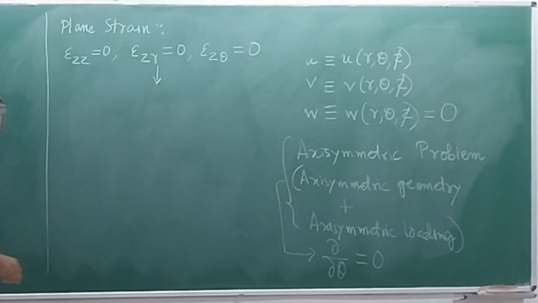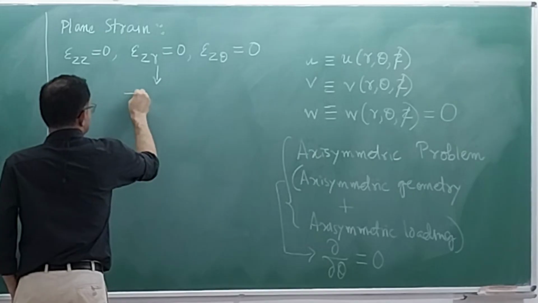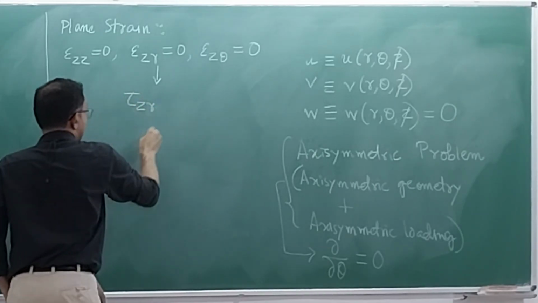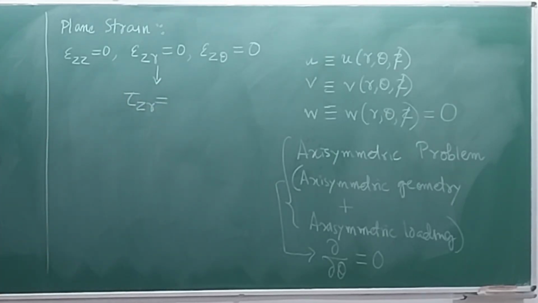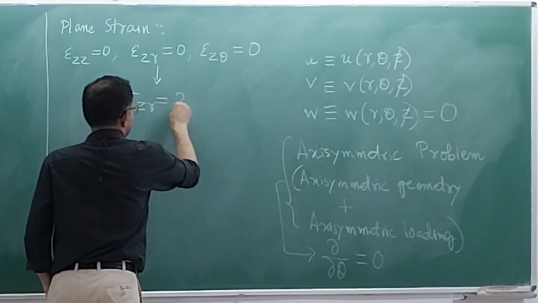Now, this epsilon zr equal to 0, what does this imply? If we use the generalized Hooke's law, then tau zr is equal to what? Tell me. What is tau zr in terms of epsilon zr? 2G epsilon zr.